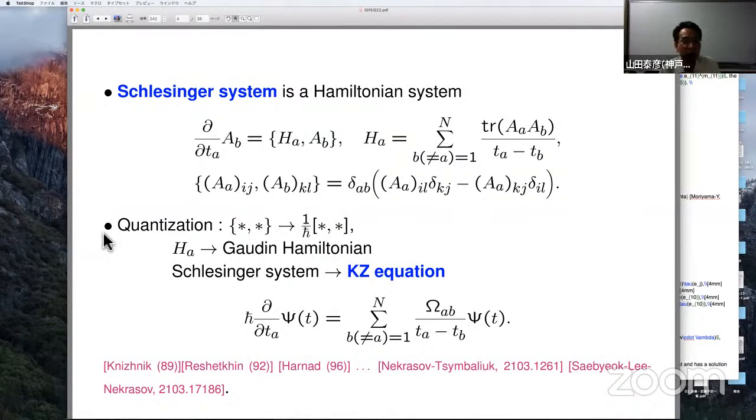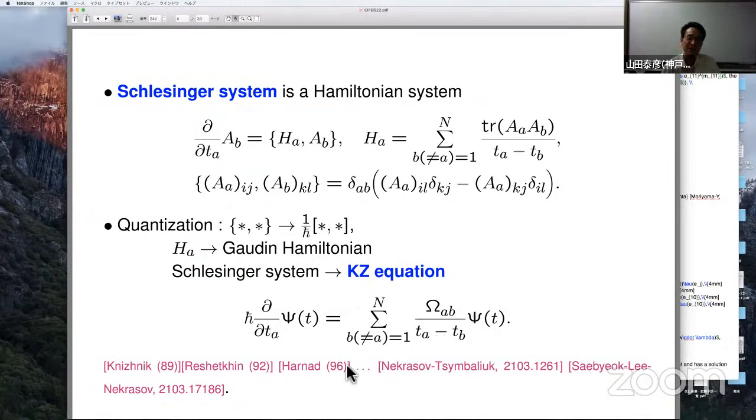So the Dirac quantization of this system gives the Knizhnik-Zamolodchikov equation. Namely, the Hamiltonian is nothing but the Gaudin Hamiltonian, and the Schrödinger equation of this quantized system is the Knizhnik-Zamolodchikov equation. Here, omega is the second Casimir.